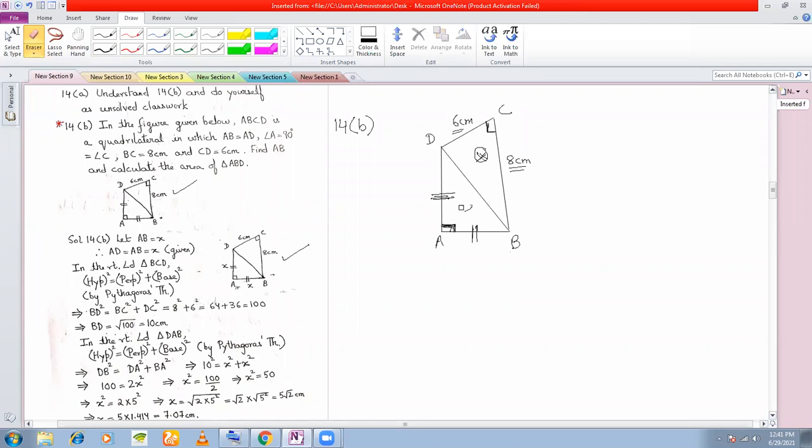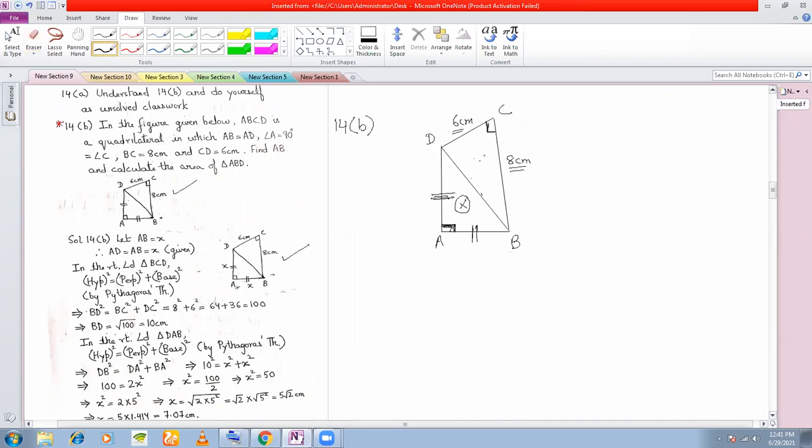Now in both the right angle triangles, you need to identify the hypotenuse. In this right angle triangle, which one should be the hypotenuse? This length BD should be the hypotenuse. In this right angle triangle, again, this should be the hypotenuse. So you have identified the hypotenuse.